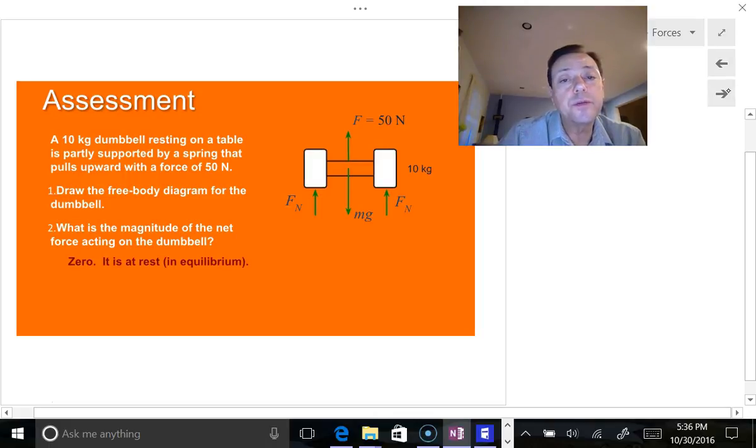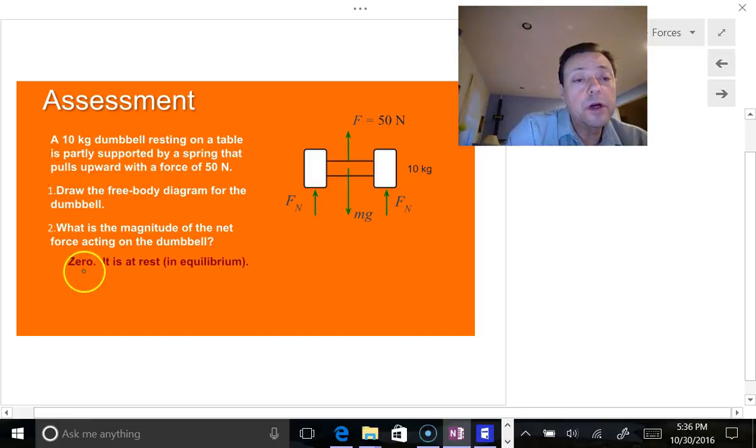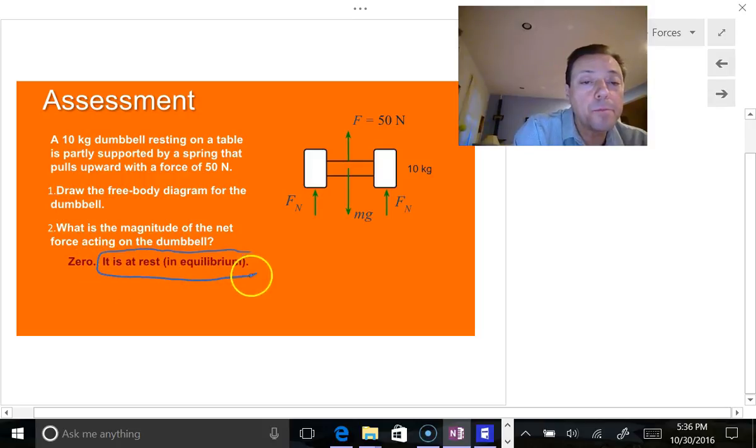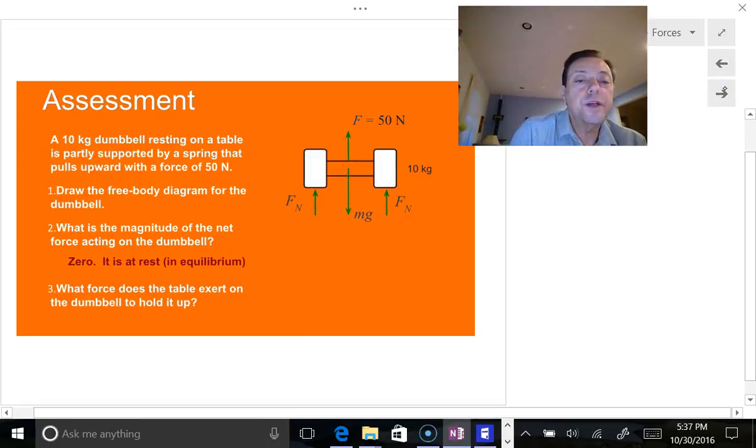Okay, well, that was the assumption. We couldn't know because we didn't know the normal force. We know the net force is 0 simply because it says it was at rest. Figuring out what the missing normal force was was optional, but of course we did, and we know that each one is 24 newtons. What force does a table exert on the dumbbell to hold it up? Well, we just found that.